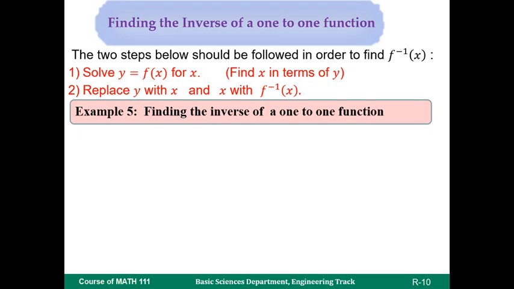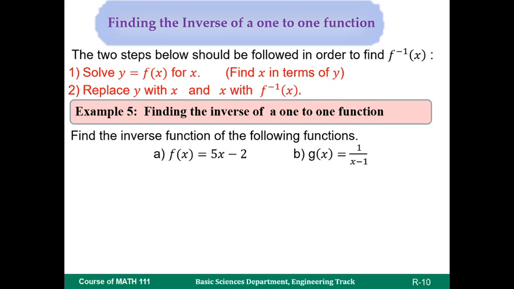Now let's look at this example. Find the inverse of the following functions. Let's go step by step. First, solve y equal to f of x for x. So you write y equal to 5x minus 2. Solving for x means isolating x. So you get 5x, and divide by 5.